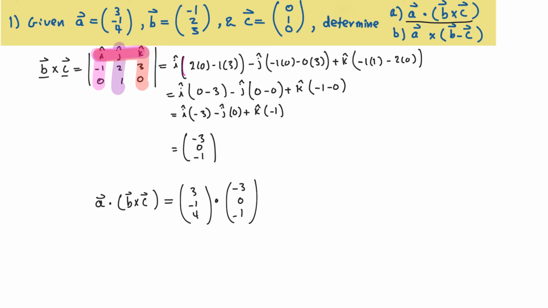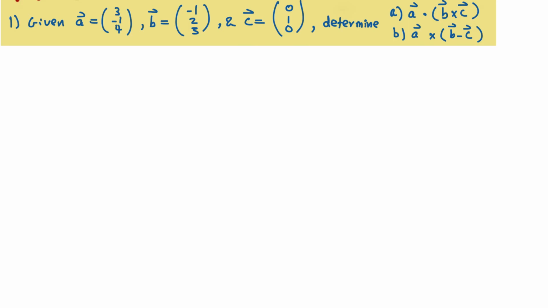So now we are going to multiply the x components, y components, and z components and add them together. So this is 3 times negative 3 plus negative 1 times 0 plus 4 times negative 1. That's negative 9 plus 0 minus 4, which is negative 13.